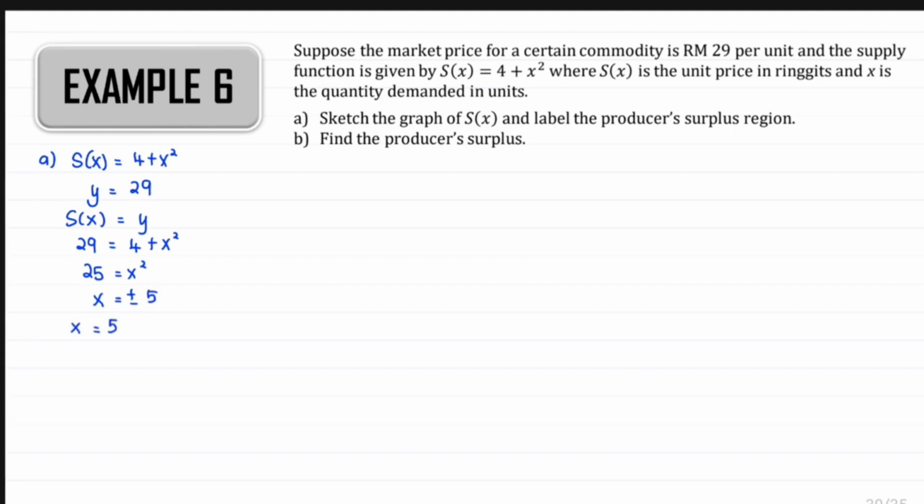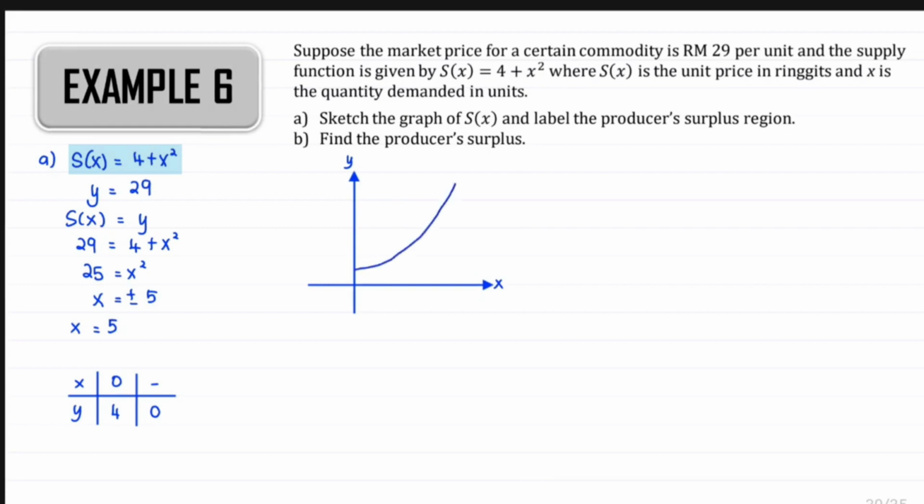Okay, then we sketch the graph as a simple one. So first we find the x and y intercepts. When x equals 0, we get y equals 4, and when y equals 0, we cannot solve for a value of x, so no value for x. Okay, then we sketch the graph. S(x) is an increasing function, so we sketch a smile at y equals 4, and we have the point x equals 5 and y equals 29.